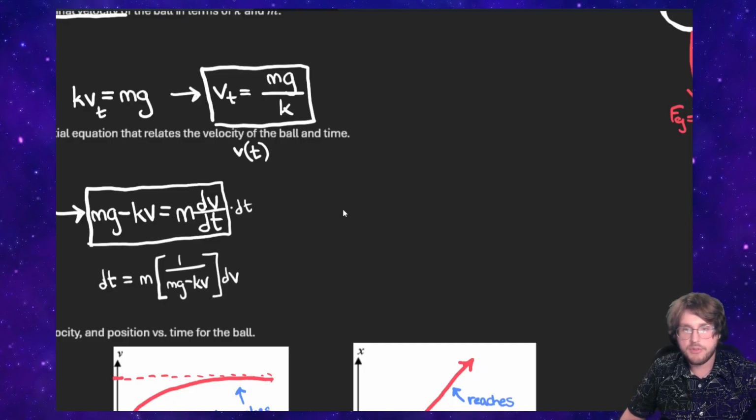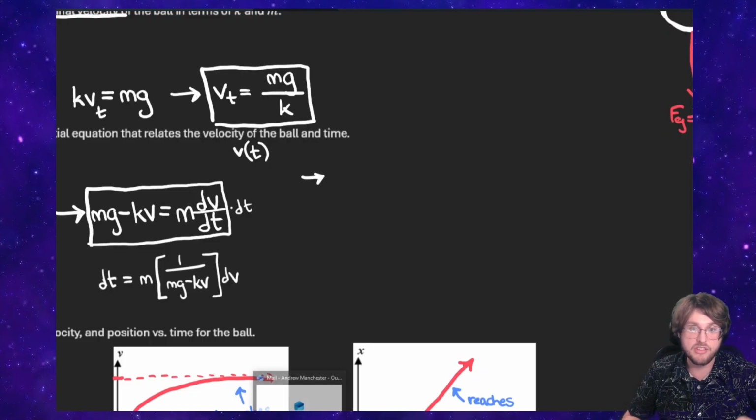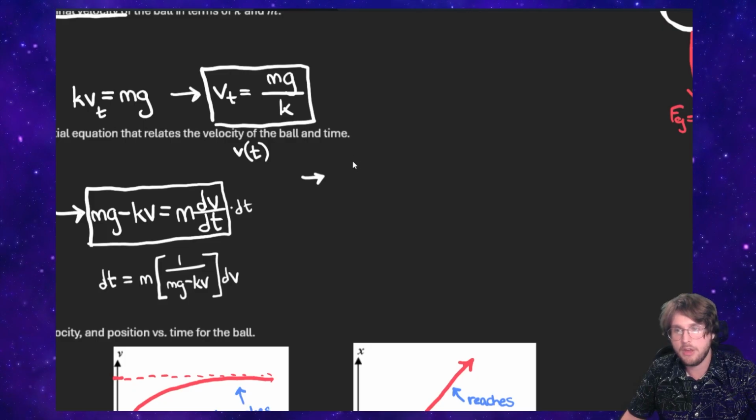Okay, so in that form, we are going to integrate both sides because we're treating this as a separable differential equation, which means that we have a definite solution that we can find. We don't necessarily need to guess. Over here, I'm going to just write that we are going to be integrating.